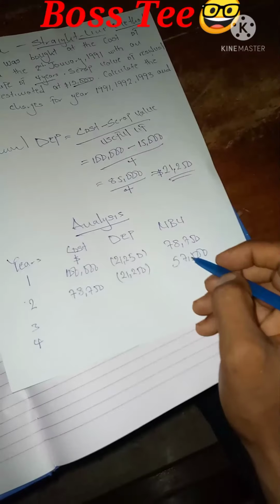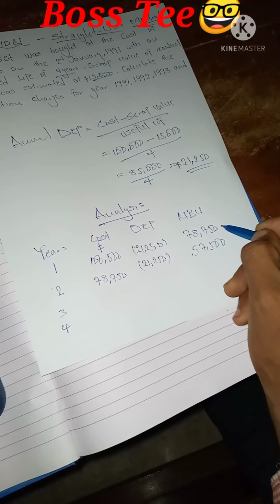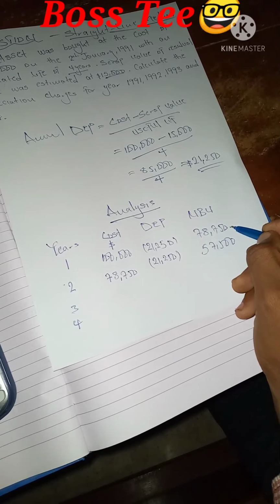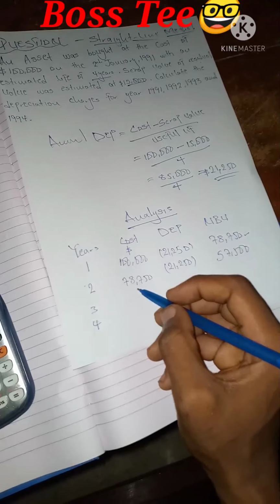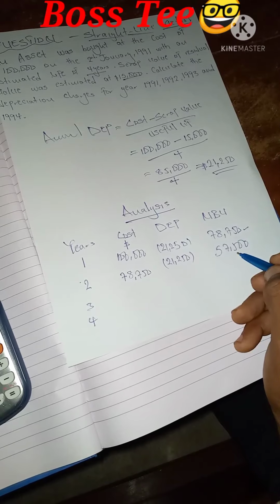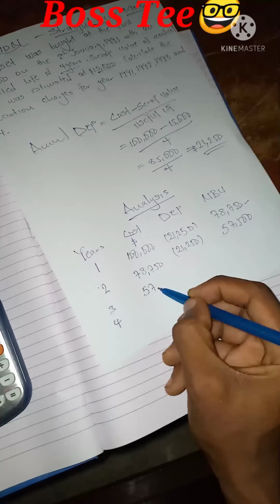So the first year, the value of the asset moves from 100,000 to 78,750. Then the second year, it moves from 78,750 to 57,500.